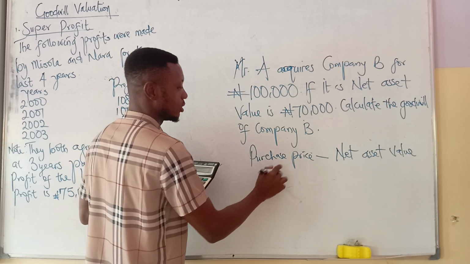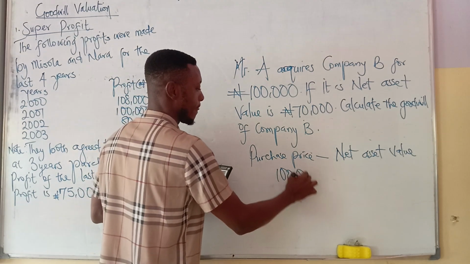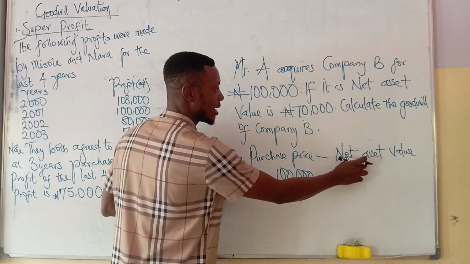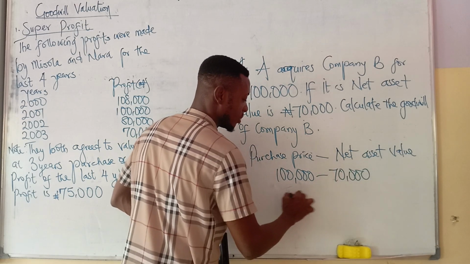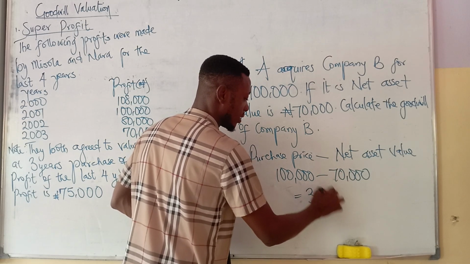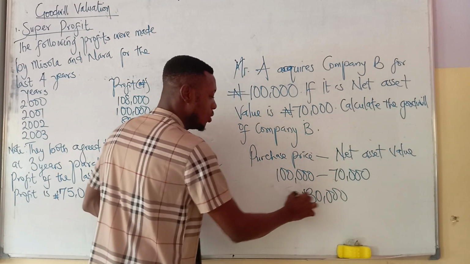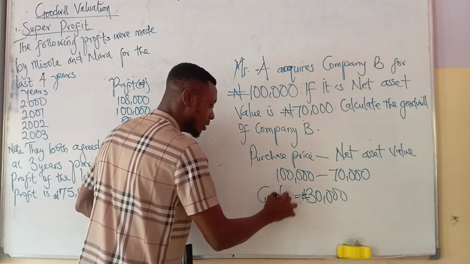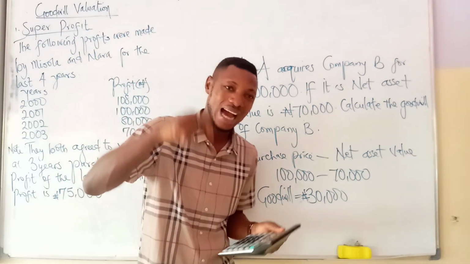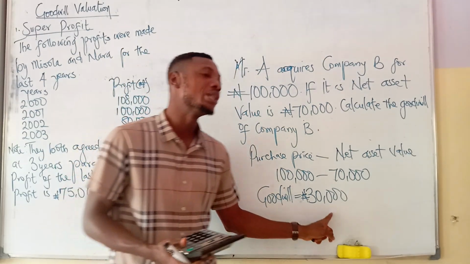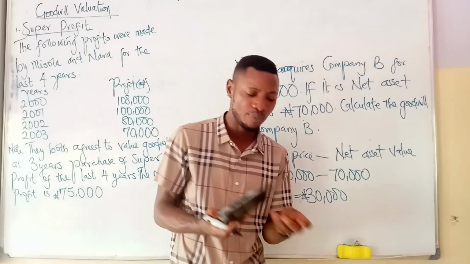Now, our purchase price is 100,000, minus our net asset value, which is 70,000, and this will give me a total of 30,000 naira. So this means that the goodwill that the company has is valued at 30,000 naira.